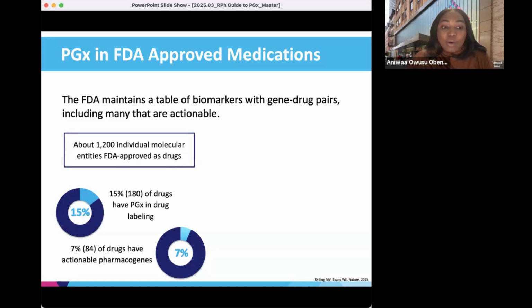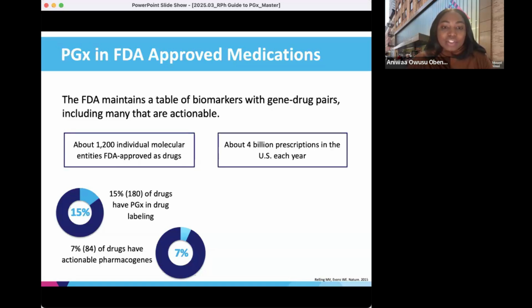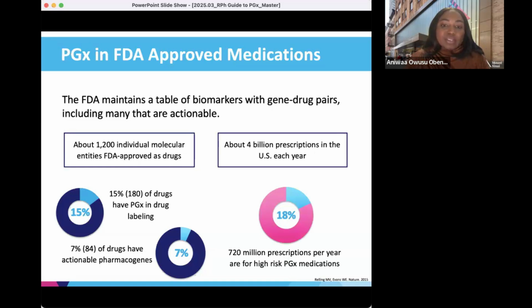And out of the 4 billion prescriptions that are written every year in our outpatient clinics, those 84 medications account for 18% of all those prescriptions. So that's 720 million prescriptions for those 84 medications alone. So these medications that have actionable pharmacogenetics tend to also be very commonly prescribed.